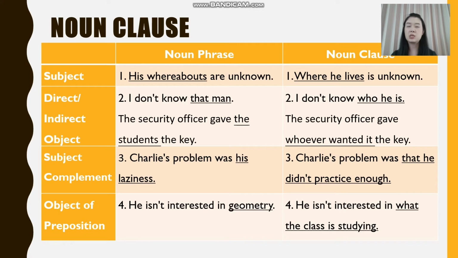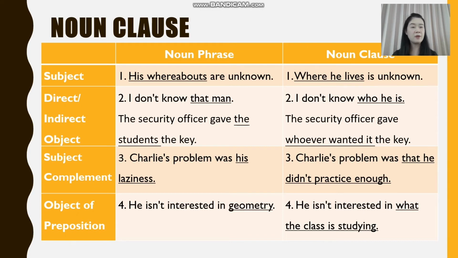Next, the security officer gave the students the key. We have two objects in this sentence. The students is the indirect object, and the key is the direct object. Let's talk about the students. We have the word students as the head word, and the is a definite article, one kind of adjective modifying the word students.